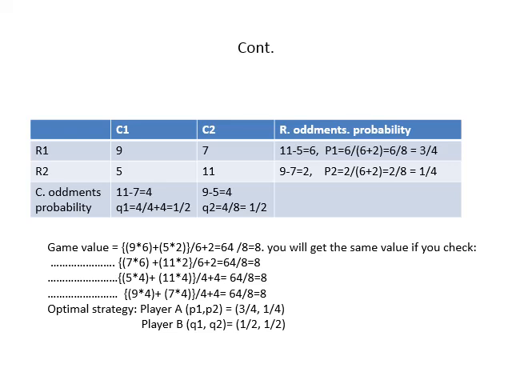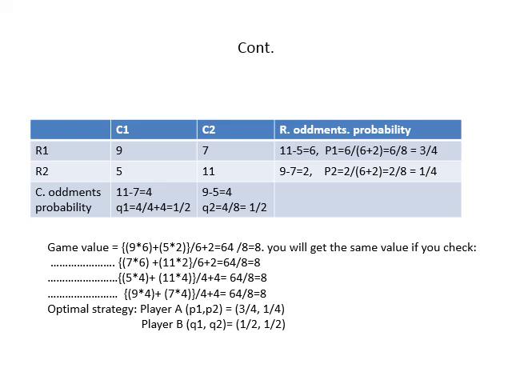The oddment of the first row is the difference between the values in the next row, R2.